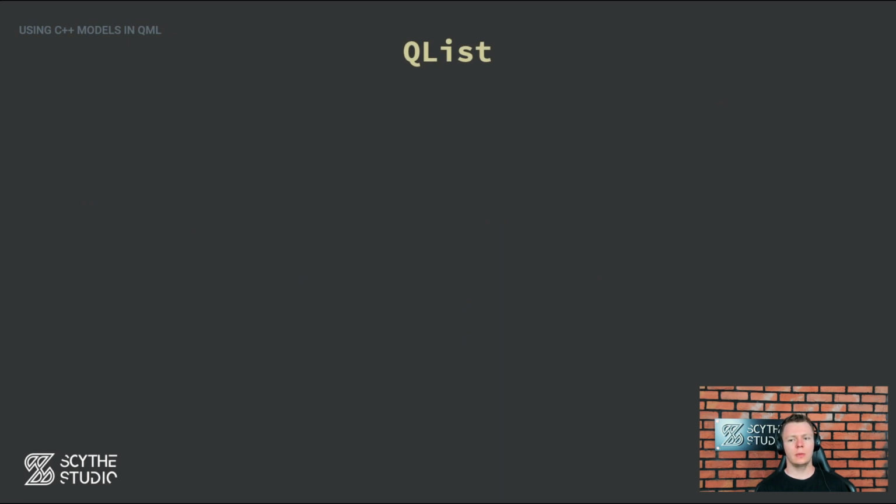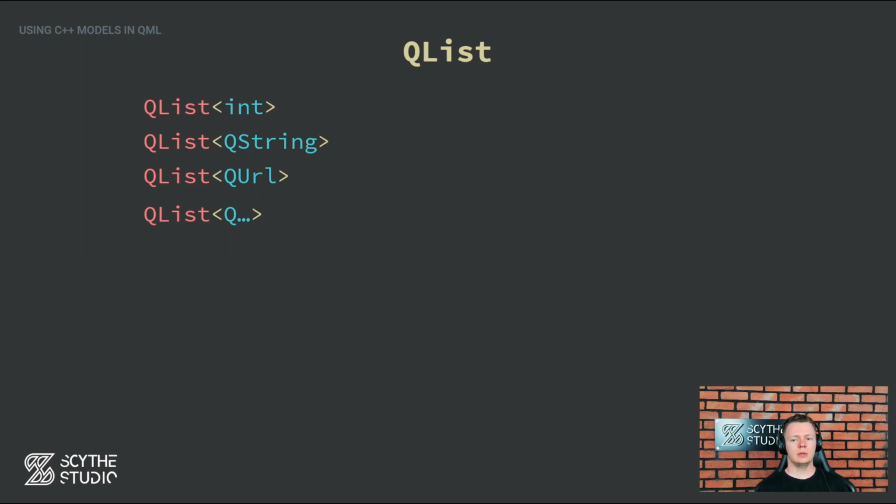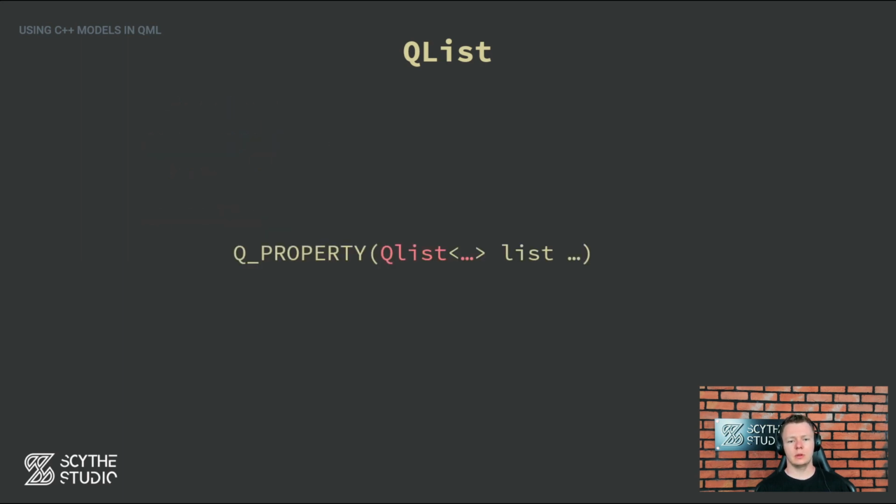Finally, there is also the possibility to expose a static list of data using a QList of registered types as a Q_PROPERTY. By default, basic types like int, double, QString, and other Qt internal types are registered, but there is also a possibility to register your own classes in the Qt meta-object system.